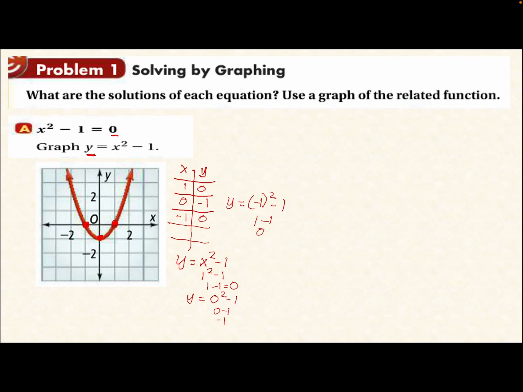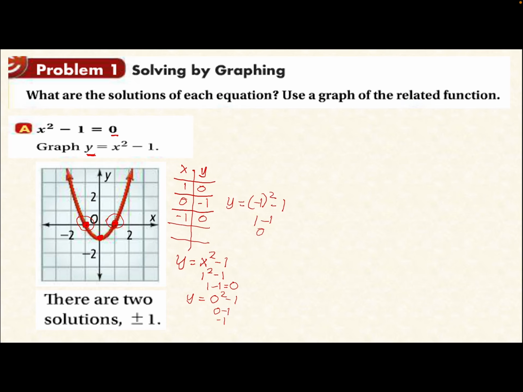Connecting the points, we will come up with a parabola. Based on this, these points represent the solution of the given quadratic equation. So what are the solutions of the equation, I should say?